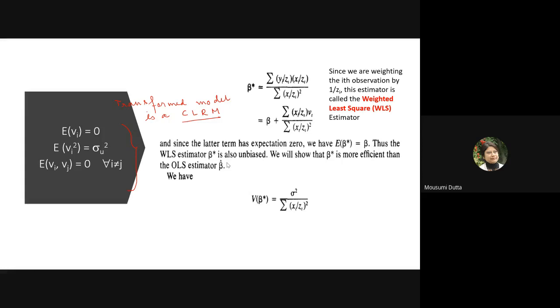Now here the explanatory variable is xi by zi, so it is sigma square divided by summation xi by zi whole square. So first tell me whether you are understanding the formula for variance of beta star or not. Is there any doubt, any confusion why variance of beta star WLS is equal to this value?